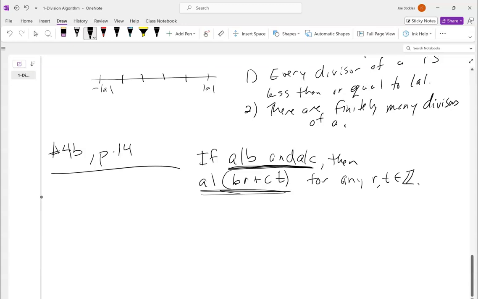Start with the definition for divisibility, rearrange some things, and see if I see the definition of divisibility again, is the idea. So as far as a proof goes, I'm going to suppose that A divides B and A divides C.